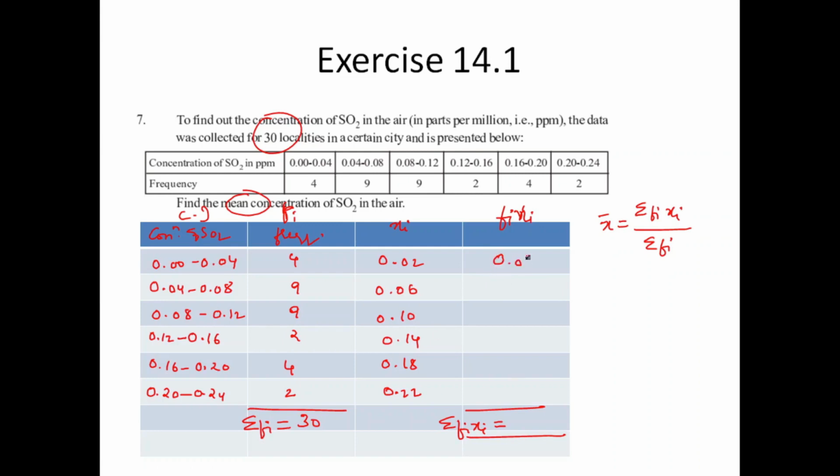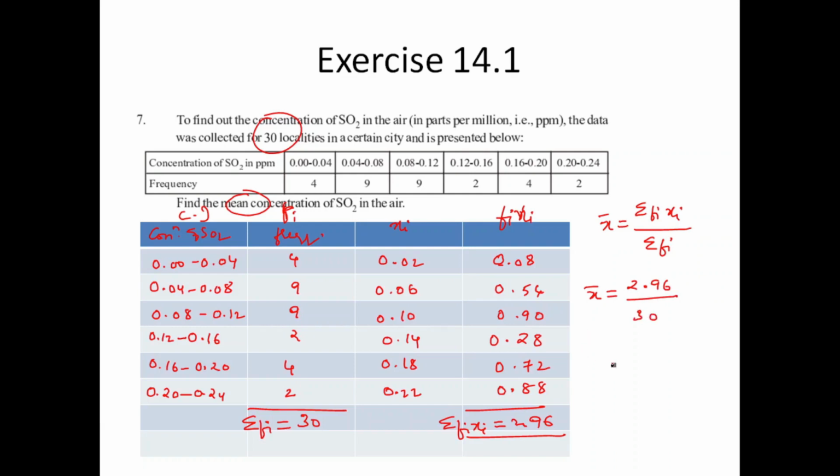I'll get 0.08, and here I'll get 0.36, and here I'll get like this. Here I'll be getting 0.28 directly, and the next is 0.88 directly. Now, when I'm adding all this, I will get 2.96. So just substituting to get the value, you'll get 2.96 divided by simply 30.